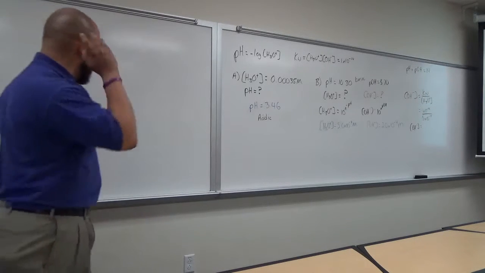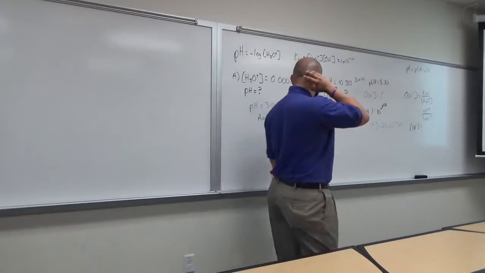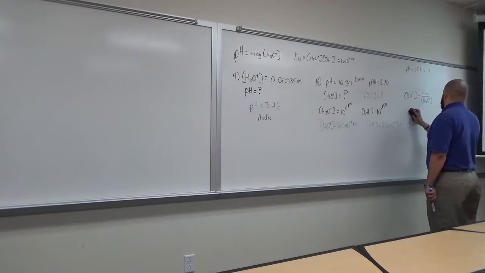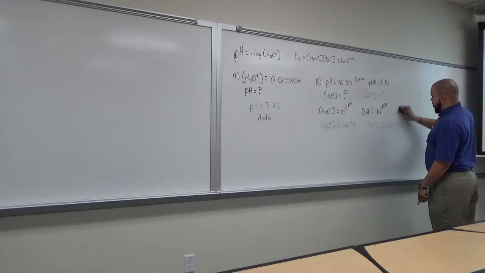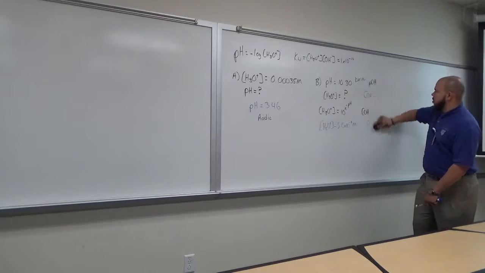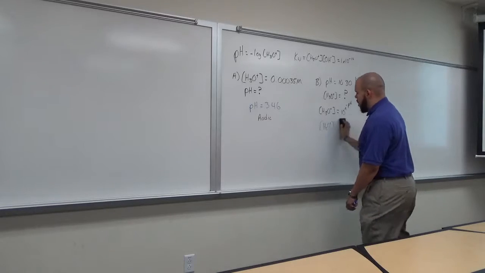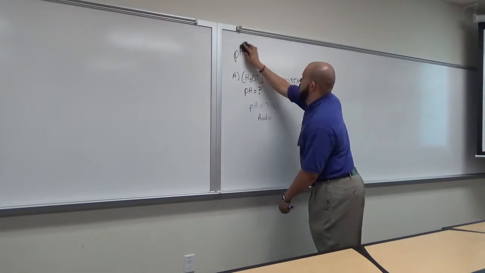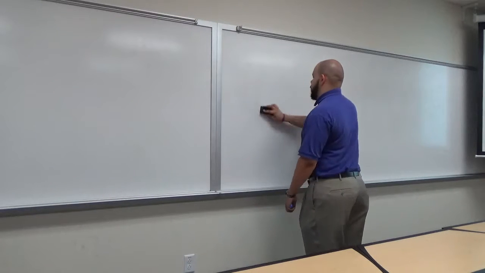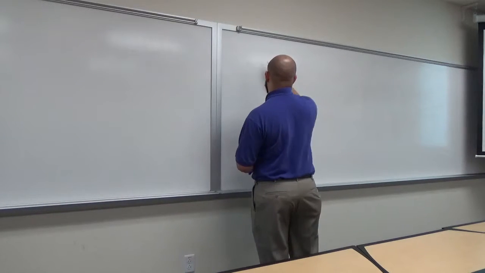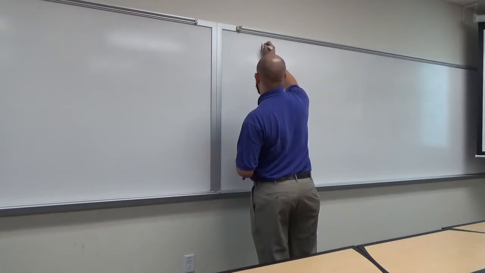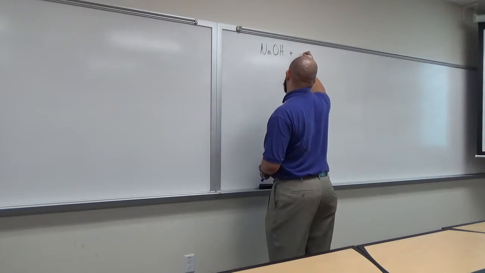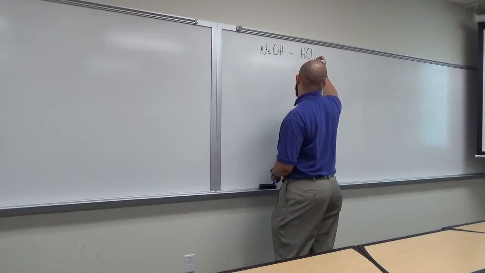Now, I had somebody ask about what happens if you mix them together. Well, you tell me. I'm going to write up here a reaction that does the mixture of a strong and a strong, and then we'll talk ourselves through it. We have sodium hydroxide plus hydrochloric acid.